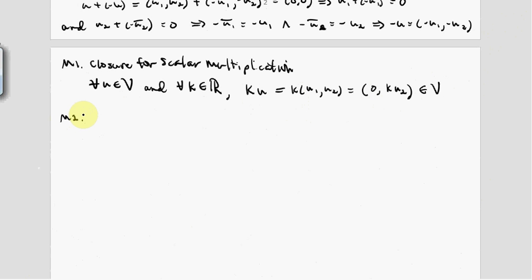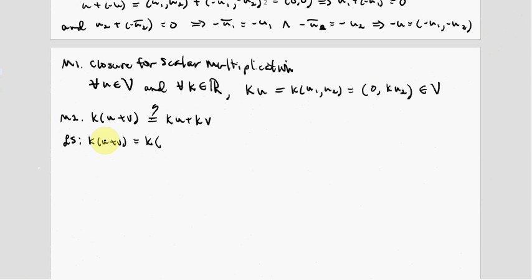M2, distributive property here for vectors. So is it true that k times u plus v is the same as ku plus kv? Well, let's look at the left side. This is k times u plus v. The emphasis for the parentheses simply says whatever is inside, that's what you deal with first.